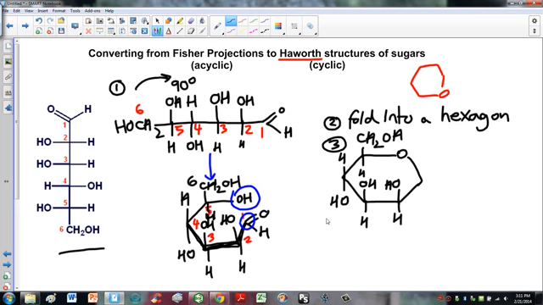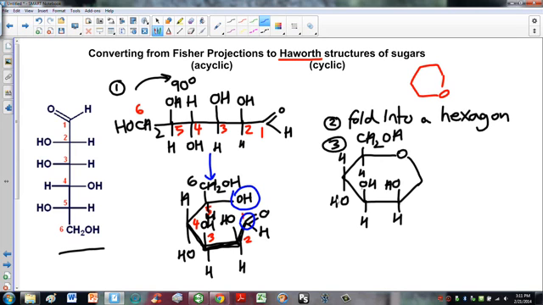Now, what's important about these two carbons here is when I join these two together, I'm losing the hydrogen from this oxygen, and it's actually going onto this carbon.